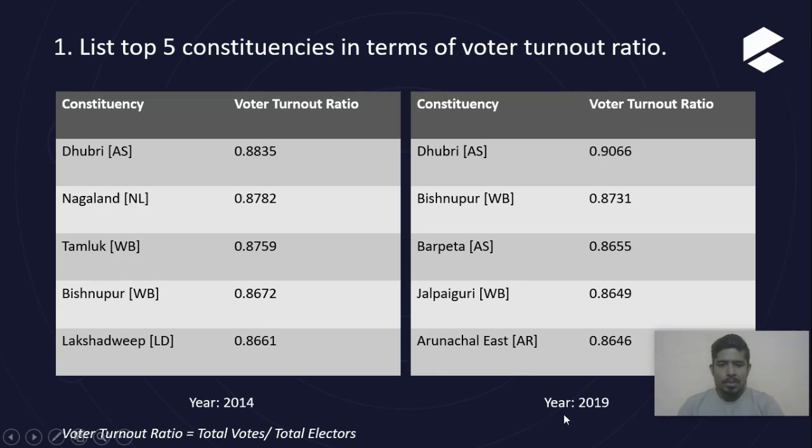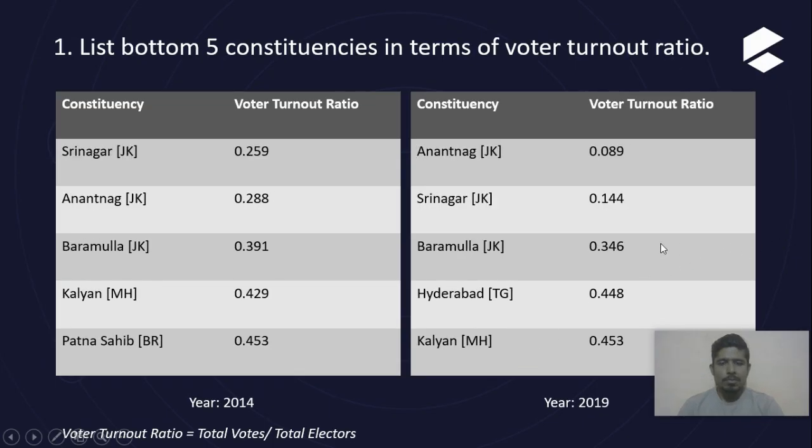And for 2019 Lok Sabha election, these top five constituencies are Dhubri again at the top, then Bishnupur of West Bengal, Barpeta of Assam, Jalpaiguri constituency of West Bengal, and Arunachal East from Arunachal Pradesh.